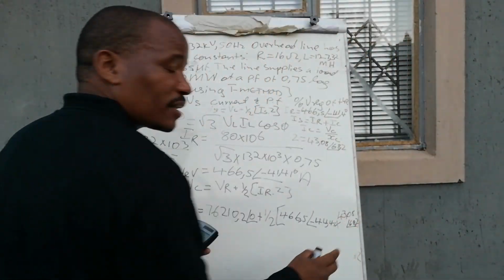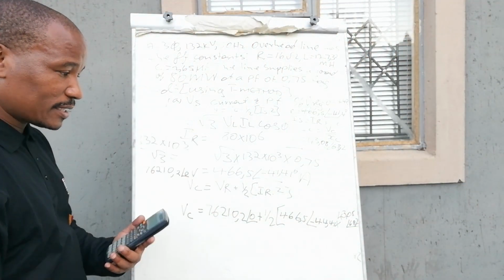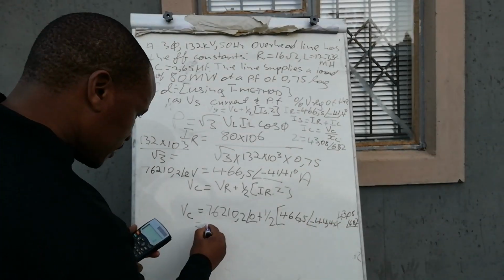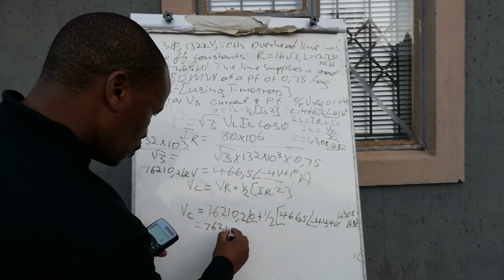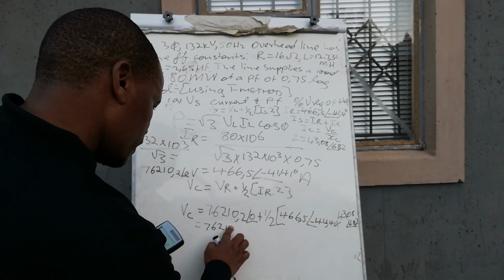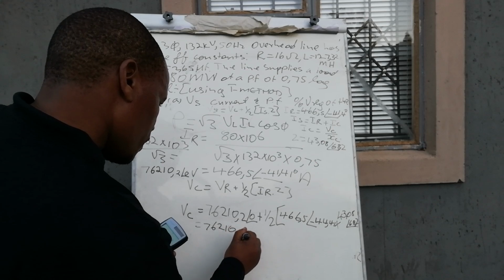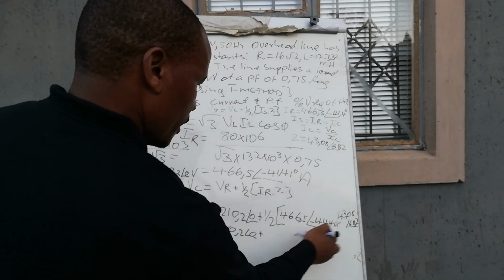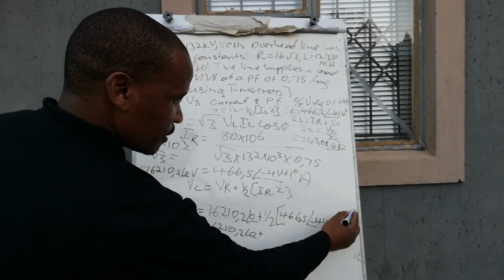If you can see something here, guys, just remember what I've been saying. This is 68.2, and it is equal to what? This is 76,210 angle of 0 plus, okay, let's work out this.